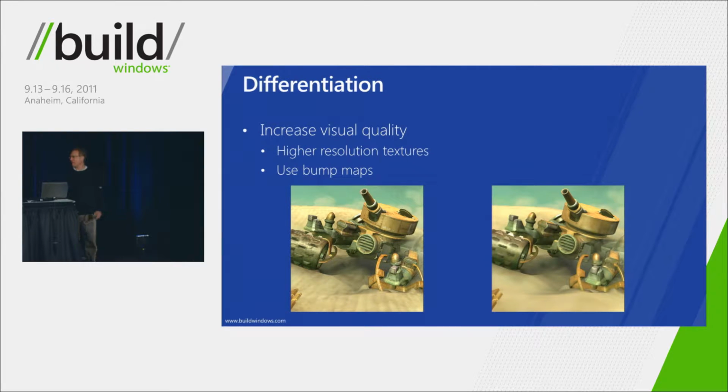Finally, from the standpoint of how you increase visual quality, one of the things to look at as you look across feature levels and performance levels is the visual quality you can get from higher resolution textures. In these two images, hopefully you can see the differences. The image on the left has 8 times the texture resolution of the image on the right.